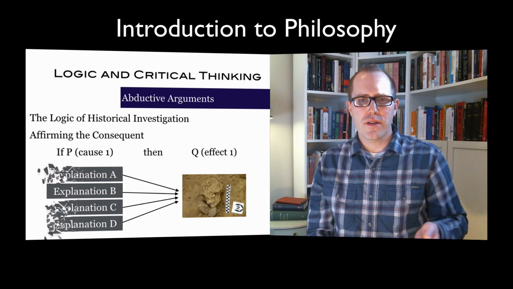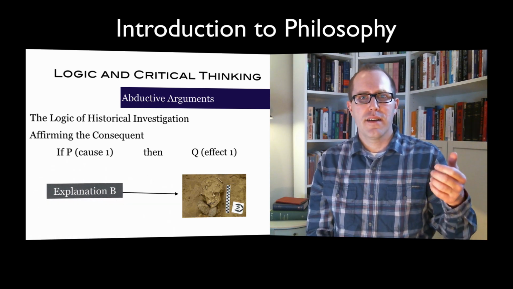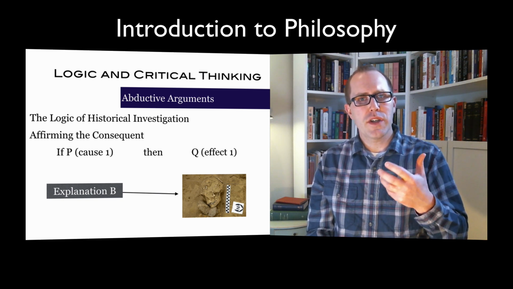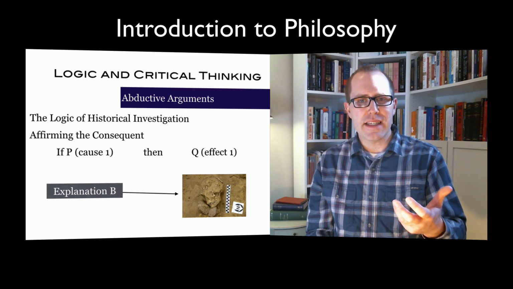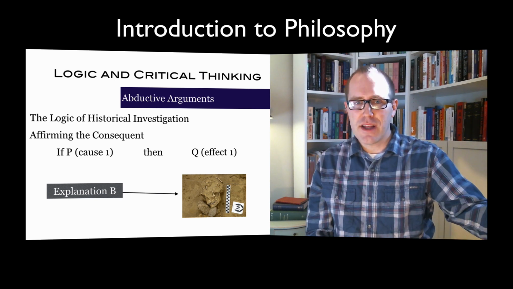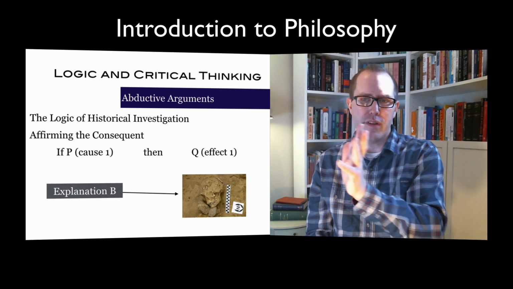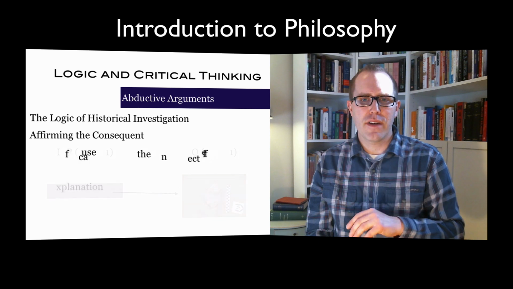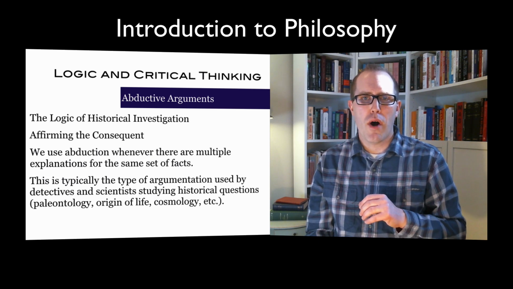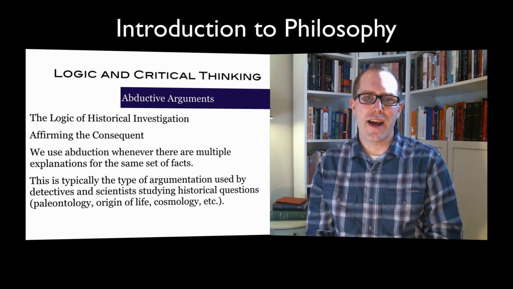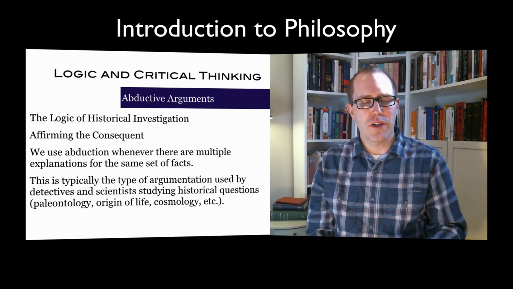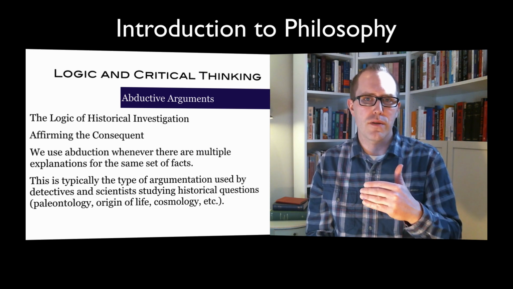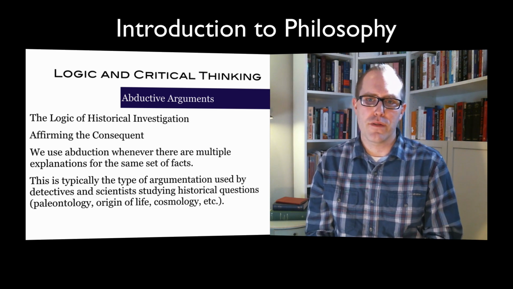If you can rule out, say, causes A, C, and D, then your conclusion is that, so far as we know, explanation B is the best explanation that we have to explain how the effect happened, how Q happened. That's all that we have. When we get to our conclusion, all we're saying is that this is the best explanation that we have so far. And when you do that abductively, you're not committing a fallacy, because you're not saying this is the certain conclusion. You're just saying it's the best that we have so far.